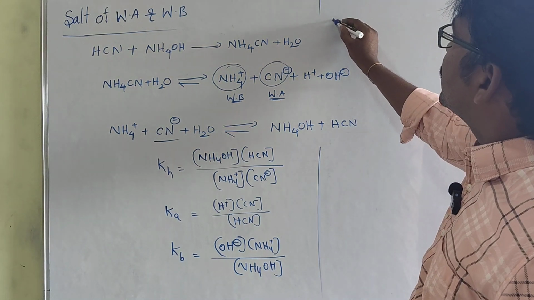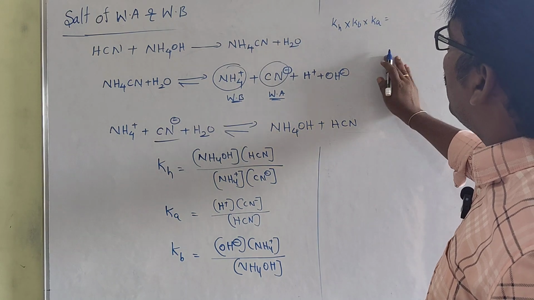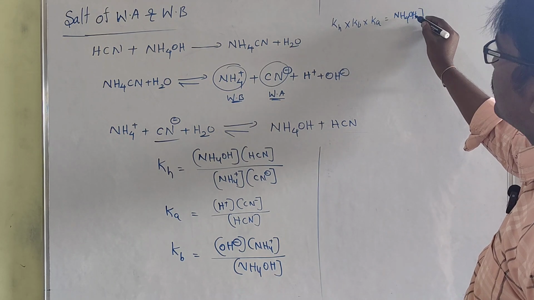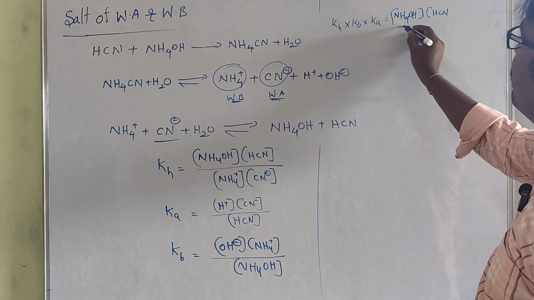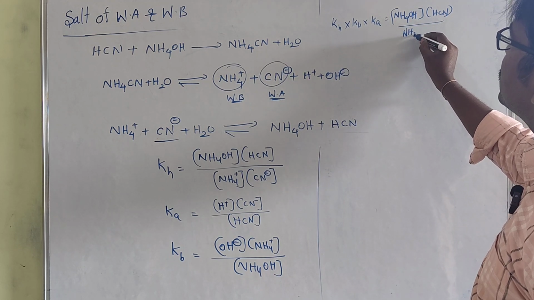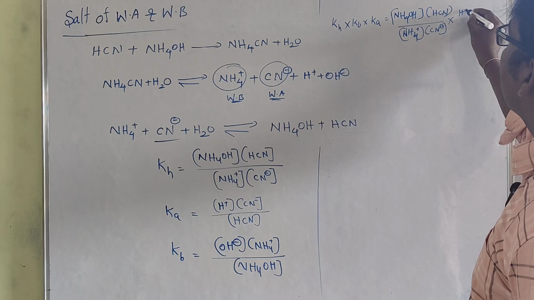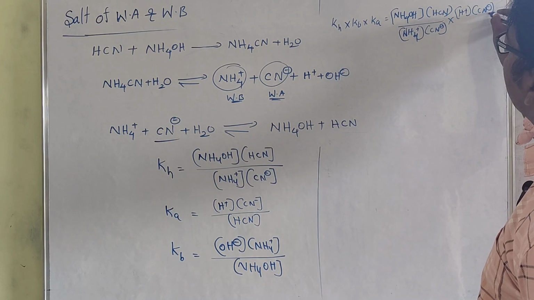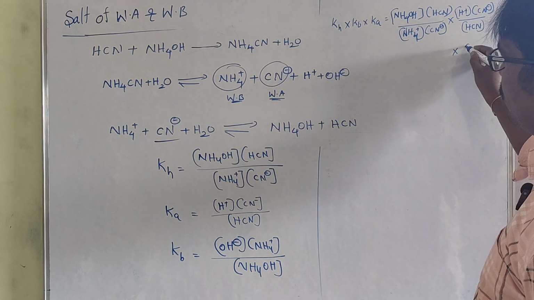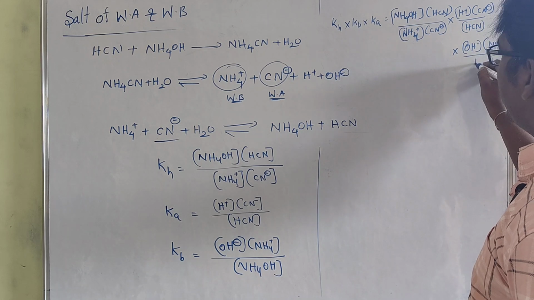So now KH into Ka into Kb, if you take all this: NH4OH into HCN divided by NH4 plus into CN minus, then H plus into CN minus divided by HCN, into OH minus ion concentration into NH4 plus ion concentration divided by NH4OH concentration.